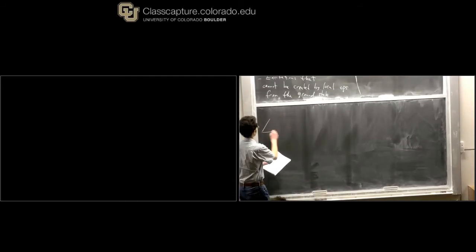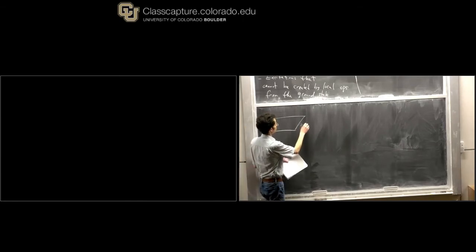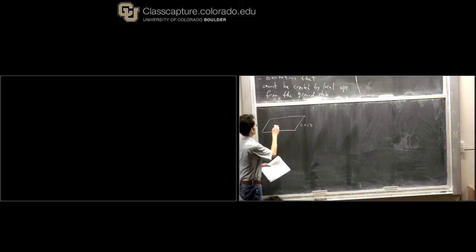So let's say we are in two spatial dimensions. So this is 2 plus 1D. Here is the spatial slice, and we might have some eigenstates. It looks like there are some excitations, one sitting here and one sitting here. But it might be the case that there are no two local operators localized near the positions of these excitations that would create this state out of the vacuum. And we will discuss models like this.